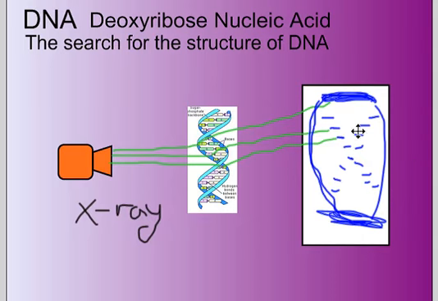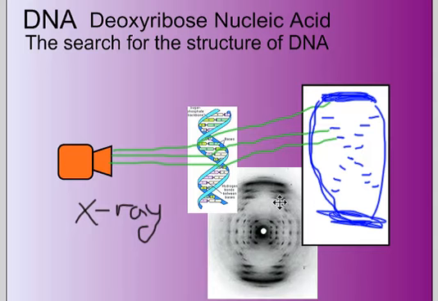You can't see the chandelier, but you can see the little lights. And then you have to take all those little dots of light on the screen, and you have to turn that into a picture of what the chandelier looks like. That's what dealing with a picture like this is all about.